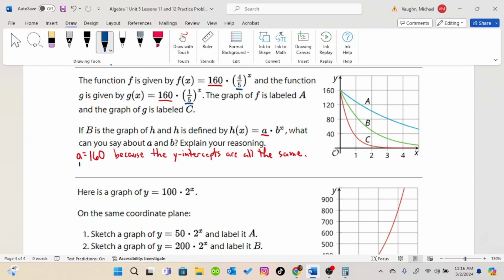So we could say 1/5 is less than B, which is less than 4/5, because the growth factor is between the other growth factors.